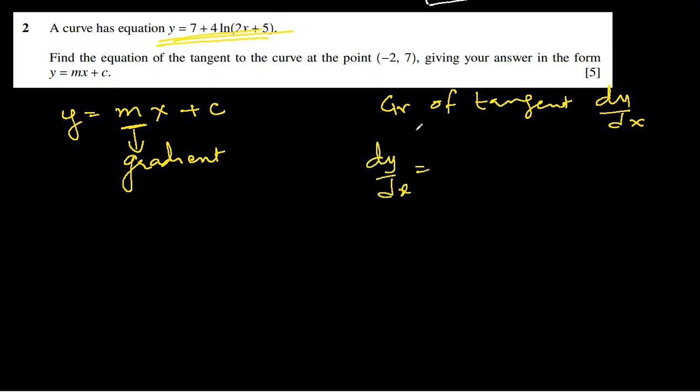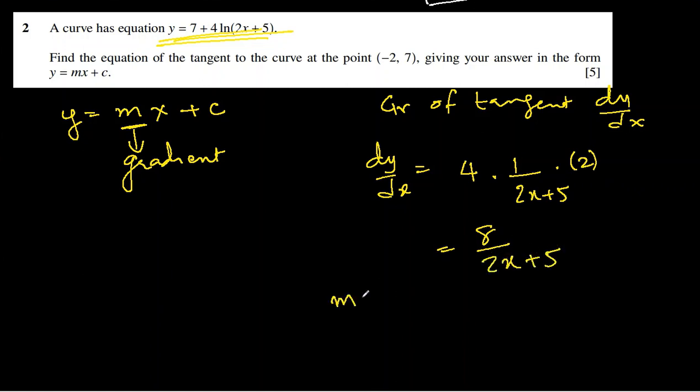The differentiation of 7 is 0, no need to write it. Next one is 4. The differentiation of ln(2x plus 5) will be 1 over 2x plus 5 multiplied by the differentiation of the inside of ln, which is 2x plus 5. Differentiation of that will be just 2. So we get 8 over 2x plus 5. This is dy over dx.